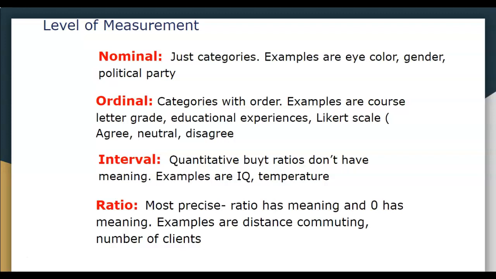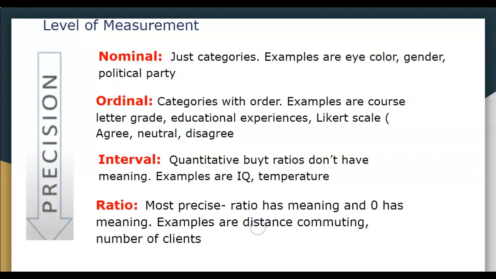In business, zero number of clients means you don't have any clients. And one final note, the level of measurement is like a scale. The further you go down, the more precise the level of measurement.